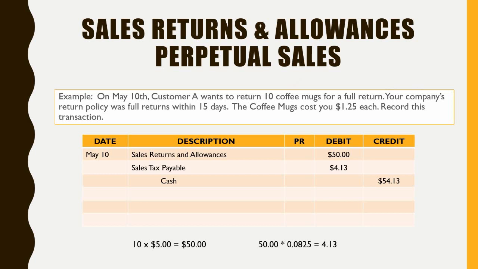Now, this customer made a return to us. So the question is, since they gave me back the product, what am I going to do with that product? Going to adjust your inventory. And how do I adjust my inventory?